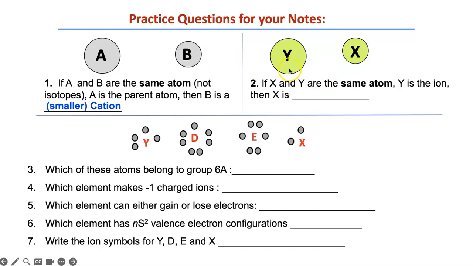And in this example, if X and Y are the same atom, Y is the ion, then X is, in this case, the ion is larger. So this can only happen if you gain electrons. Then you are negatively charged and you're an anion. So Y is an anion.